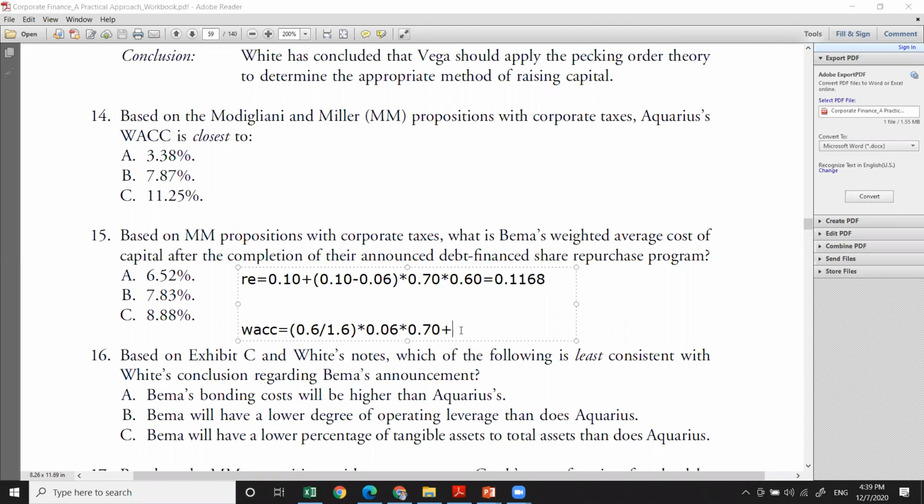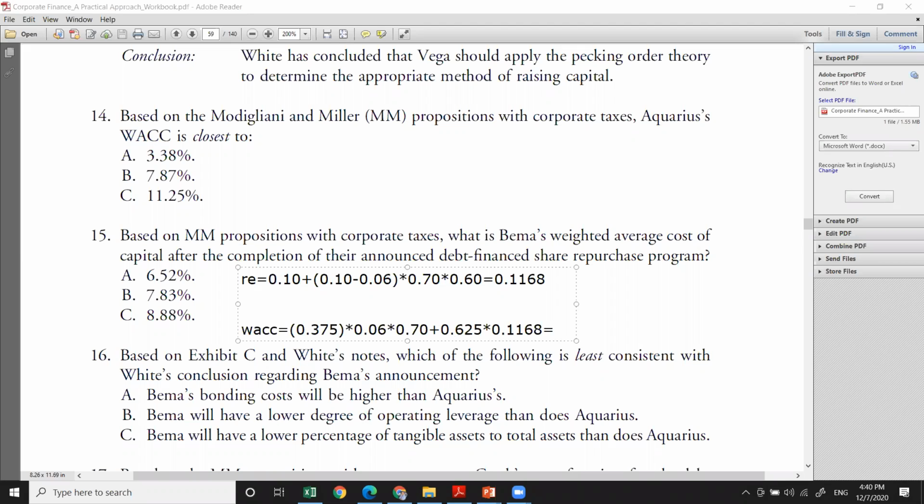let me estimate this part, to calculate the proportion of equity. The proportion of equity is 1 minus the proportion of debt, and the proportion of debt is 0.6 divided by 1.6, which is 0.375. So 0.625 times the cost of equity that we found, 0.1168.